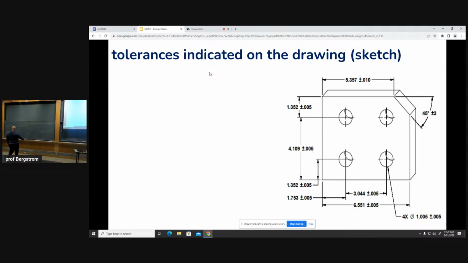So it's 2.757 plus or minus what? Is it 0.005?